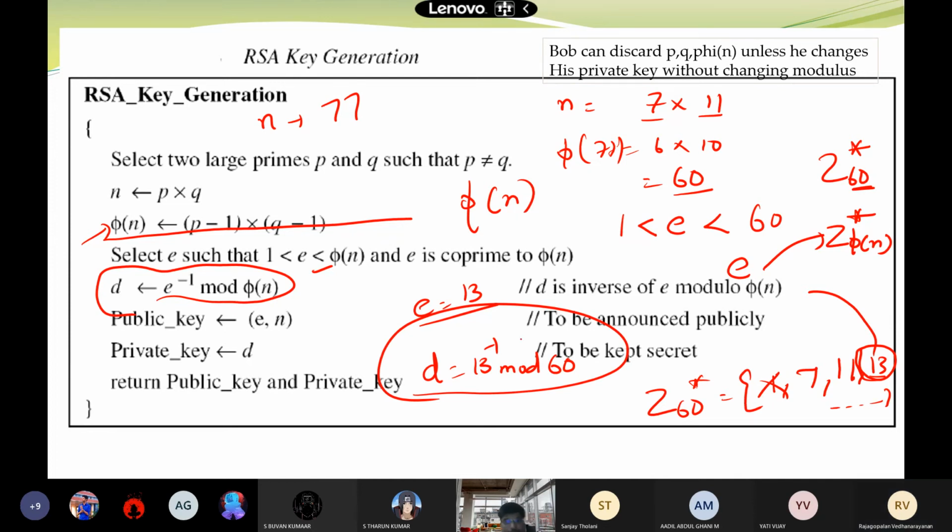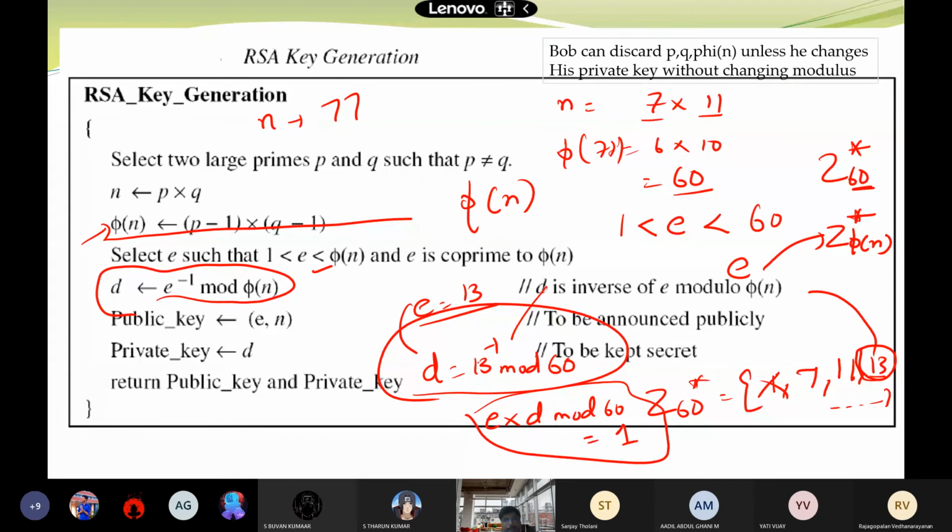Here I will teach you the extended Euclidean algorithm, but I'm not going to do this because of the lack of time. The idea here is that E and D are co-prime to each other, so I should ensure that E into D mod 60 is equal to 1. So the GCD of E and D is going to be 1. So D is E inverse mod 60. Right? This is what you have to do.